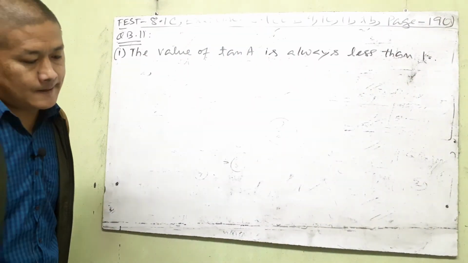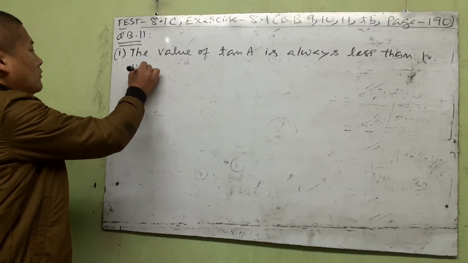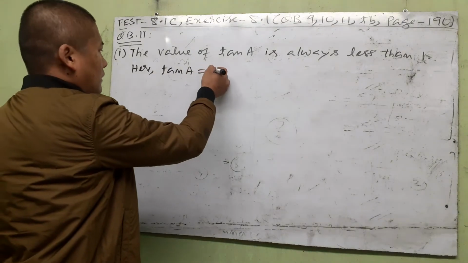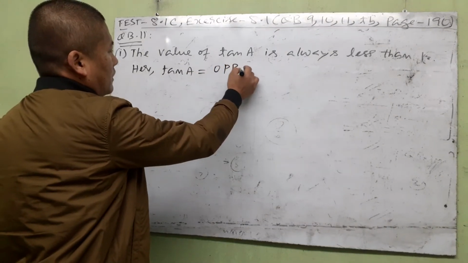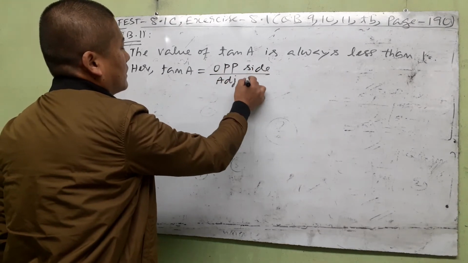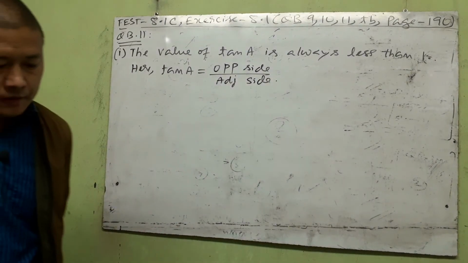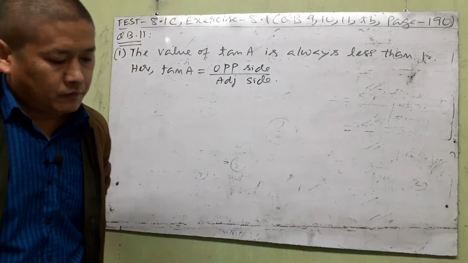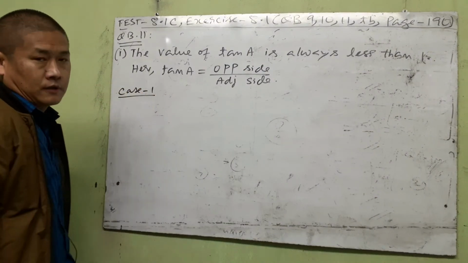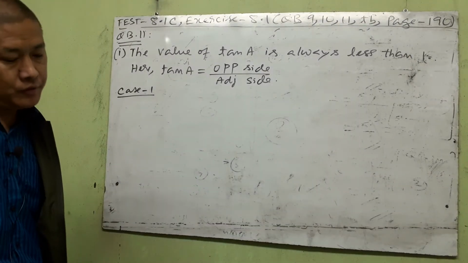We know that tan A of any ratio value is opposite side by adjacent side. This is the ratio, right? Now you see. What we can take is first case, for example. They're asking us to justify this. Case 1 is opposite side can be equal to adjacent side.